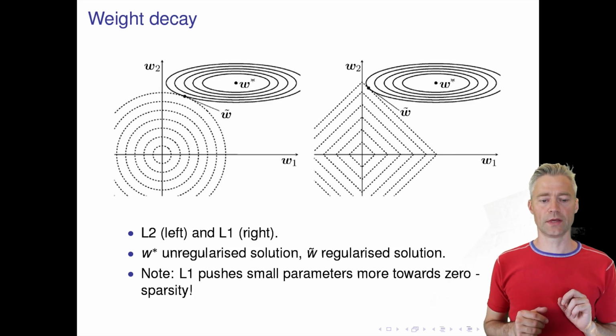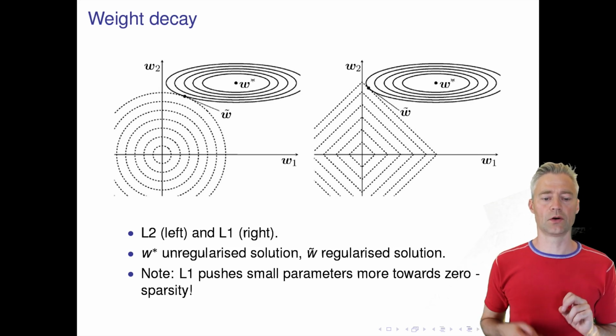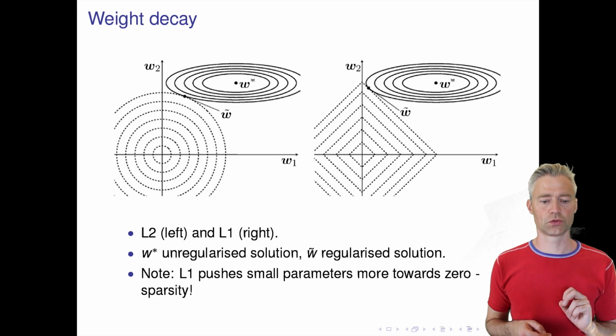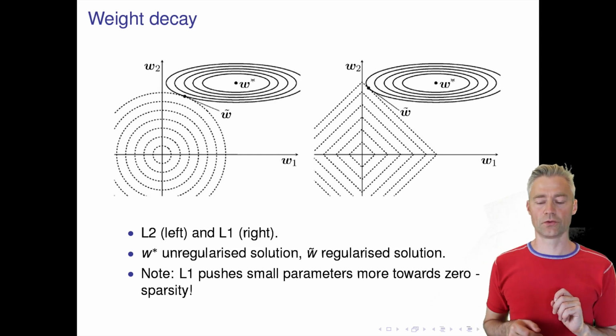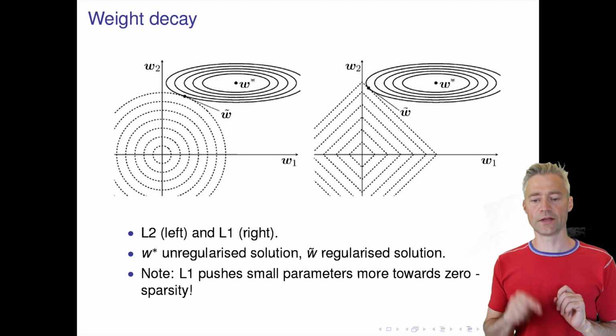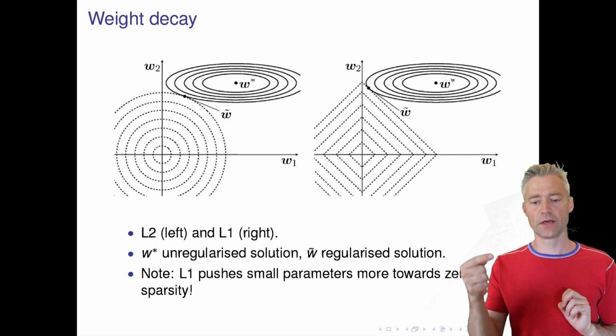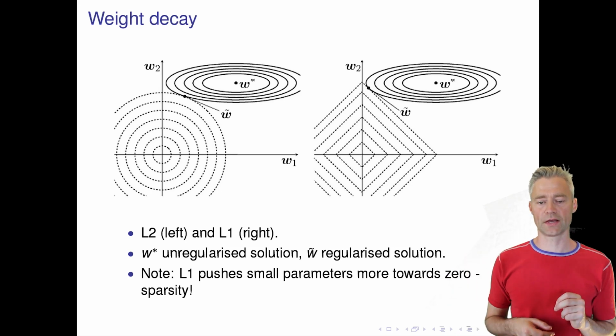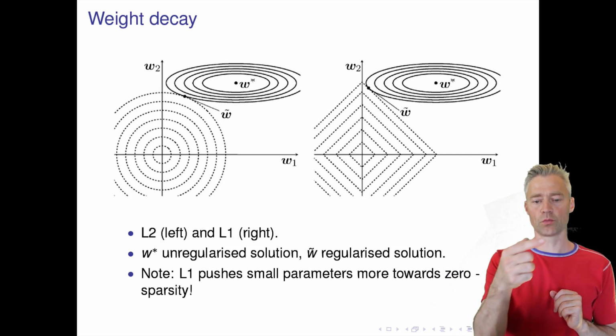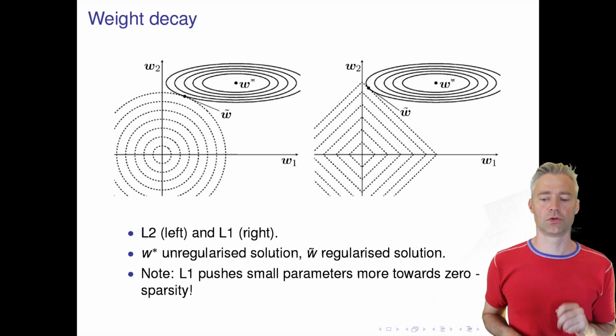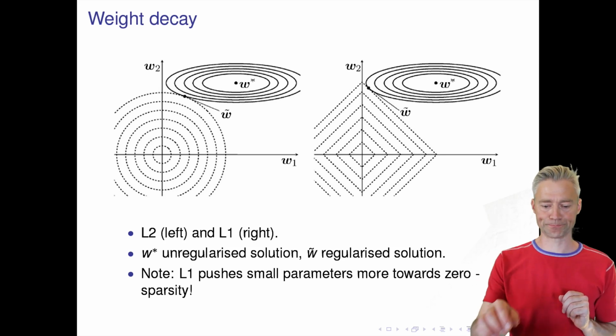You can see that L2 will move our solution towards this W tilde point, whereas we get a different W tilde point for L1, where you can see that we actually move more towards one of the axes. So in this example, we have almost wiped out the first weight.